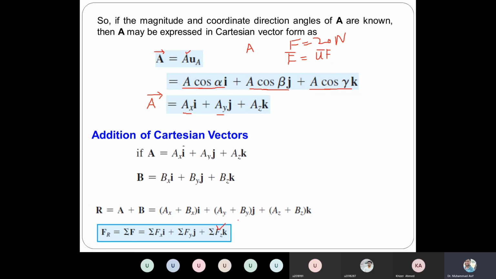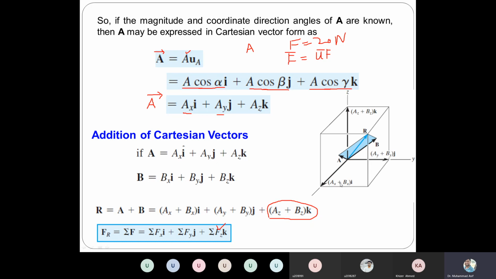Previously we discussed up to two dimensions, so now you add the k component, and that will be the addition of vectors in three dimensions. If there is vector a and vector b, this is the sum using the parallelogram law, but this is addition in all three dimensions. You have included the az plus bz as well.